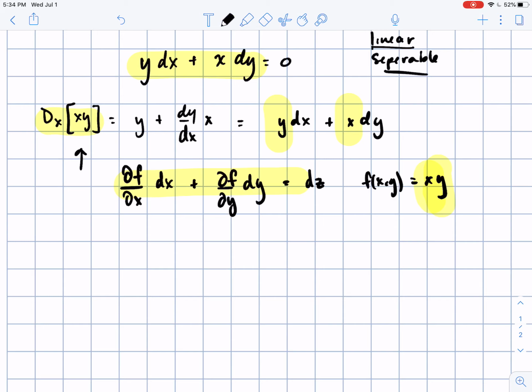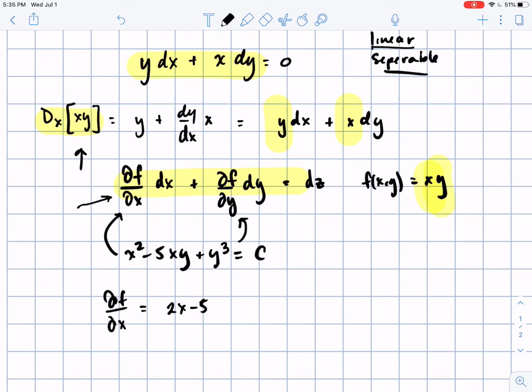All right, but just to go over this last notation, this is what we're trying to do, get back to some solution that would look like this. It's kind of like from Calc 3 where you have a function of x and y equal to a constant. So when you're solving these, you could see why I'm going to start to use partials right here, because your partial with respect to x of this function would be 2x minus 5y, right?